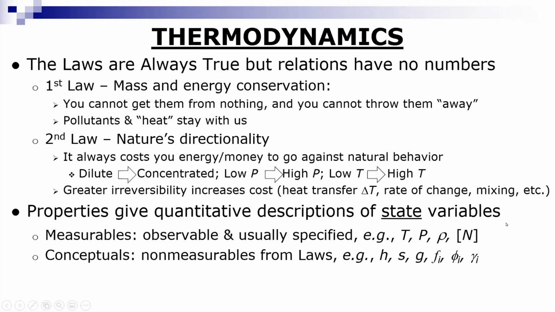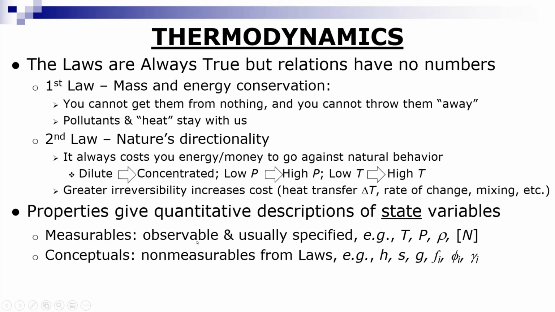Now, properties give quantitative descriptions of state variables. What I mean by that is, if I specify the state, for example, temperature, pressure, composition, and phase, then I know a value. I can consider a variable to be fixed by that. And when I change the state, the variable is likely to change.